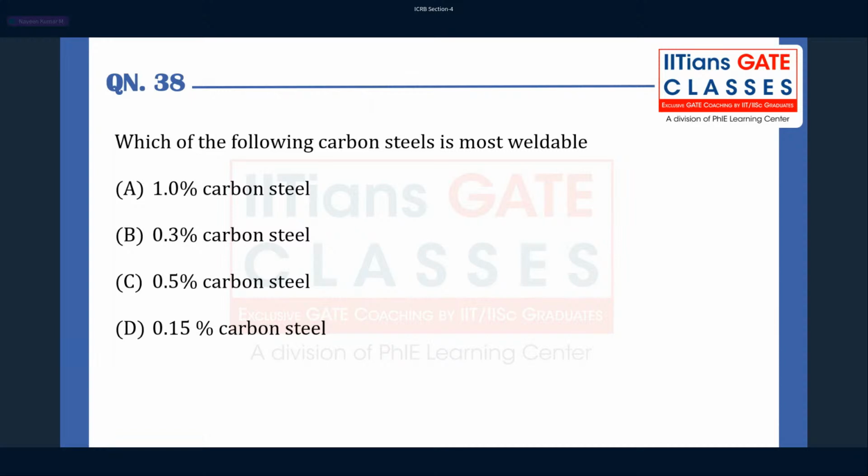Next, which of the following carbon steels is most weldable? Generally they are having some carbon. So why is carbon added? That is important.